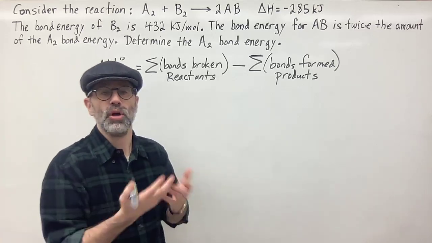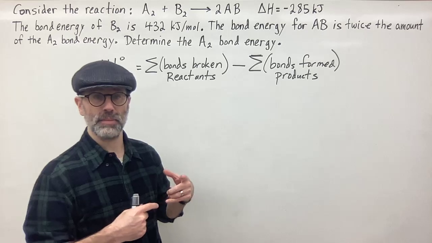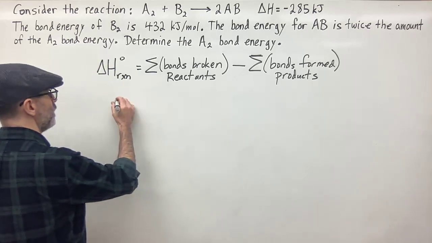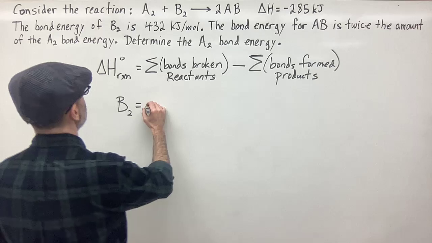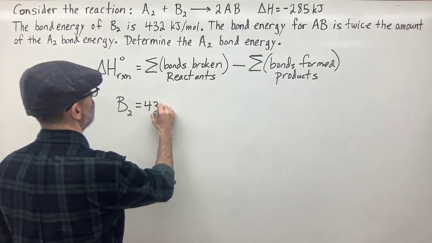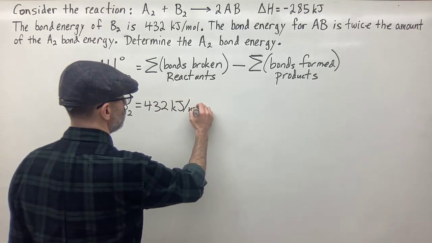We don't know if the bond is a single bond or a double bond, but we do have the bond energy. So the bond energy for B2 is equal to 432 kilojoules per mole.